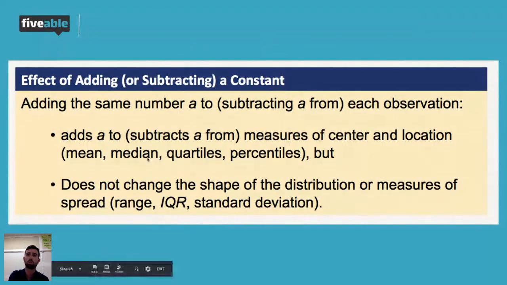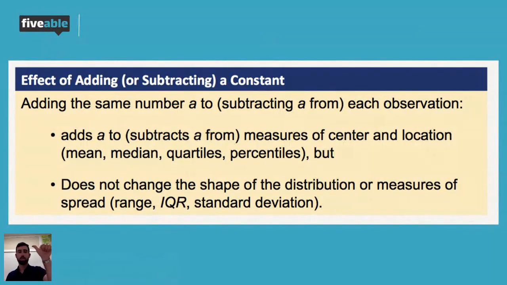So it's going to change where your median is, your quartile, and all your percentiles. But it's either going to move it up or back, depending if we're adding or subtracting, by whatever amount you added or subtracted. It is not going to change the shape or the measures of spread, so how spread out your data is, like the range, IQR, and standard deviation. I'll show you a concrete example of this, and it'll make total sense.